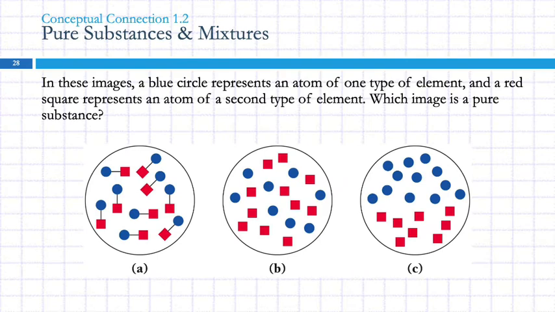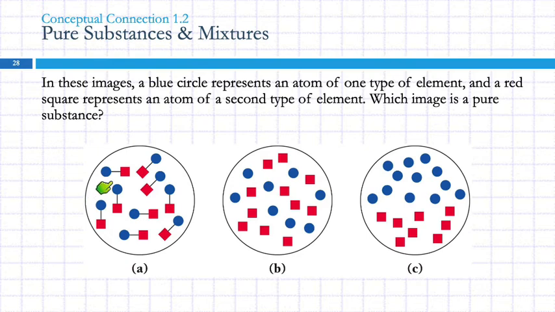So, we should be able to answer a question like this. In these images, a blue circle represents an atom of one type of element, and a red square represents an atom of a second type of element. Which image is a pure substance? It's A. So all of these have red squares and blue circles.